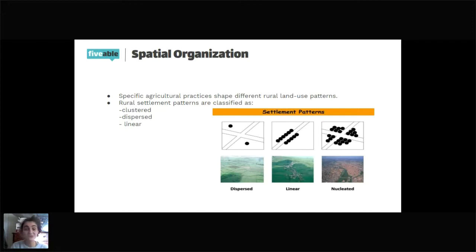For example, some of these settlement patterns will be clustered, dispersed, or linear. An example of that will be wet rice fields. They're mostly grown in linear patterns, like this second picture in the middle here. That's how the field usually is cultivated to maximize the production, right?